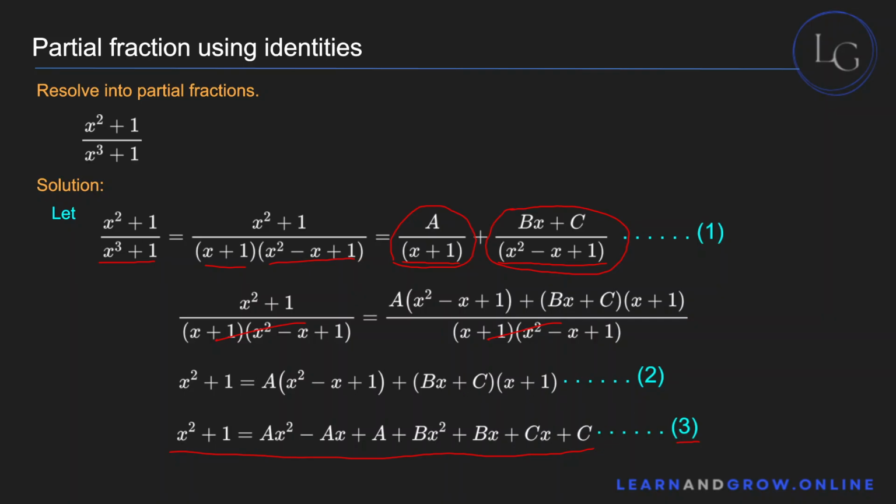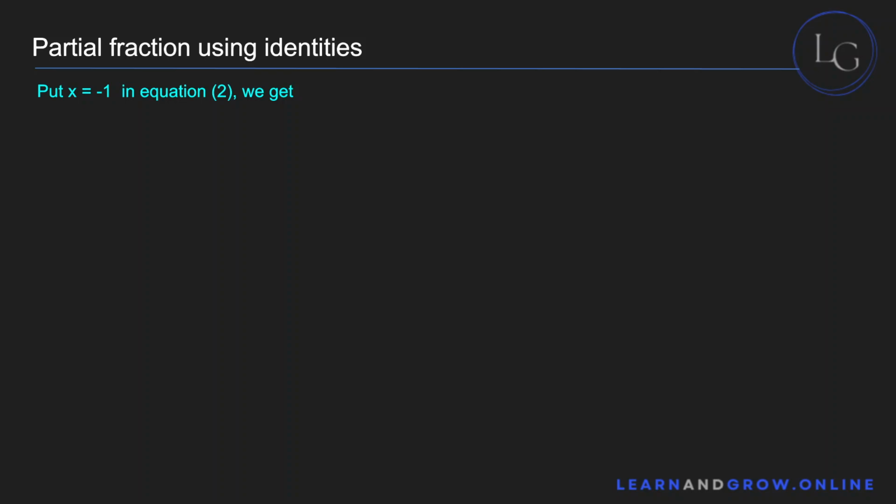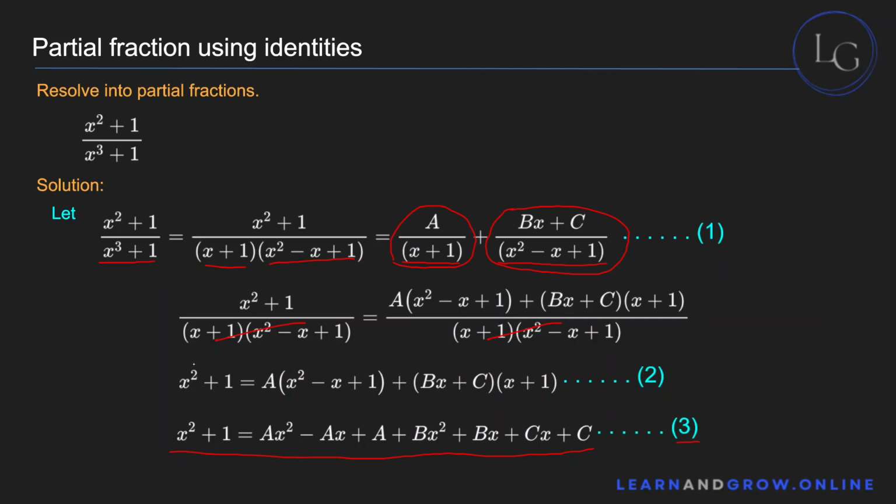Now when you plug in x is equal to -1 in equation number 2, what happens? Well, as you can see, this is equation number 2. When you plug in x is equal to -1, this linear expression becomes 0, 1 minus 1. And since this 0 will be multiplied with bx plus c, this also becomes 0.